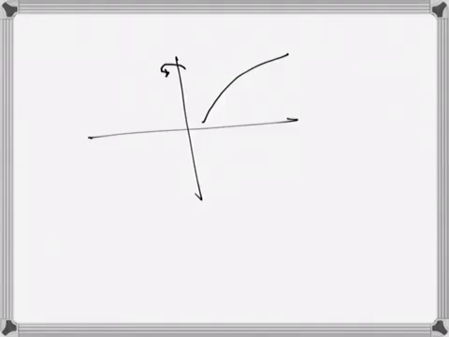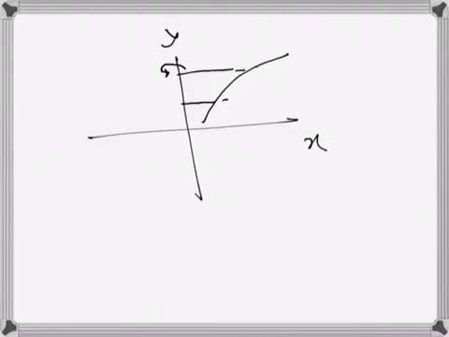Similarly, you can do another one. I will go to the other page, and let's say we have the same graph here, but instead of being rotated about the x-axis, it is now rotated about the y-axis, maybe from here to here.